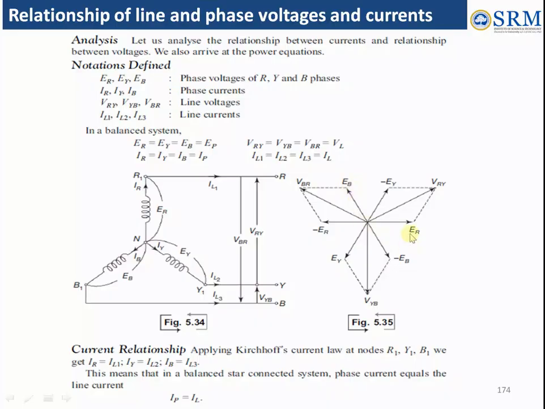And opposite to each of the positive potentials, there is a negative: ER opposite minus ER, EY opposite minus EY, EB opposite minus EB. So this is the phase voltage. The line voltage will be in the middle of each of them: RY, YB and BR.